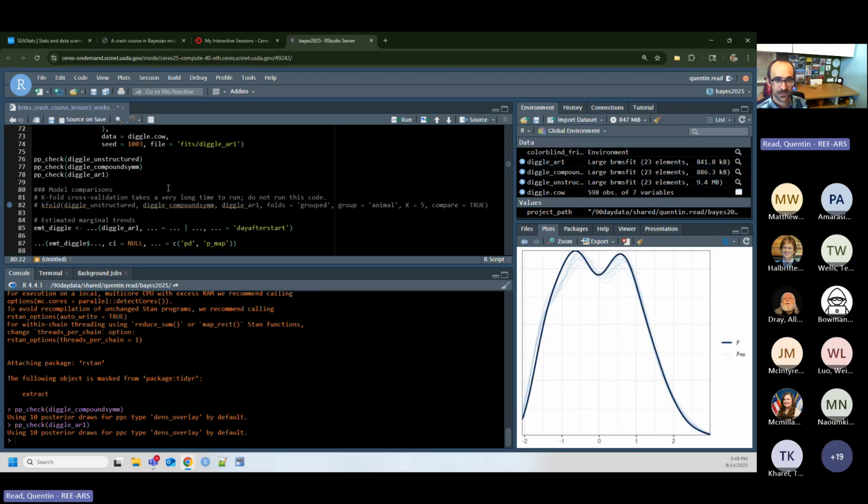What we have to use is k-fold cross-validation, where we take out all the data for an entire animal at a time, or several of the cows, fit the model to a subset of the data and predict them, and see whether the overfitted model with unstructured covariance or the two other models with more appropriate covariance parameters do better.